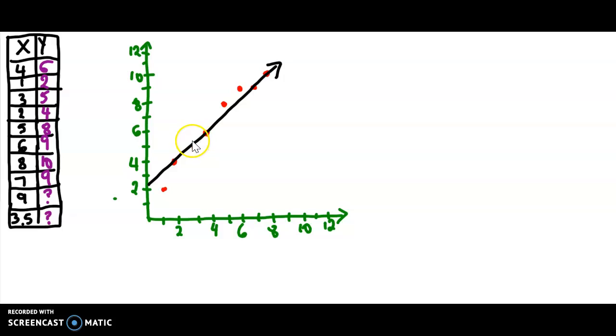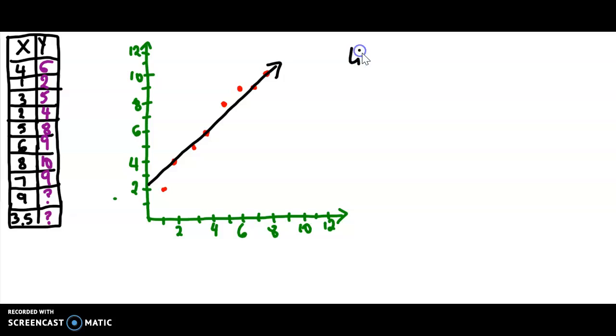Now, from my line of best fit, I can use that as a guide to find the two missing outputs. Talking about x is 9, first of all, the values that I'm given go all the way up to the known value of x is 8, that's the last one. So 9 would be outside of what I already have.